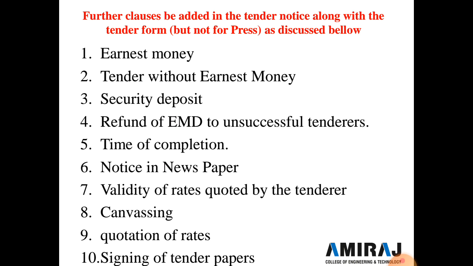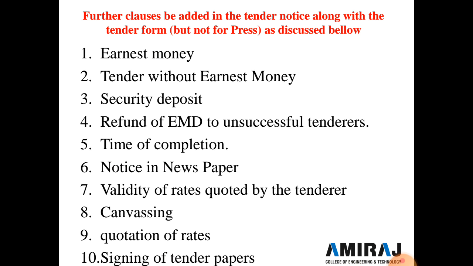Now the ninth one is the quotation of rate. For a priced item of work, the tenderer shall quote in figures as well as in words his rate at par or a percentage above or below the rate shown in the schedule of items with rates and probable quantities.